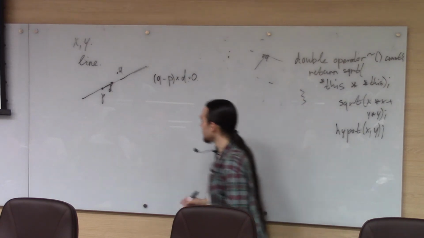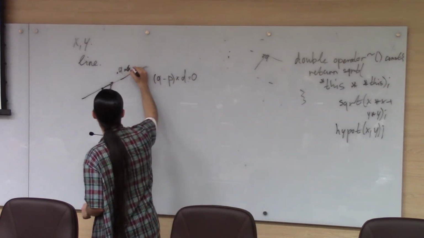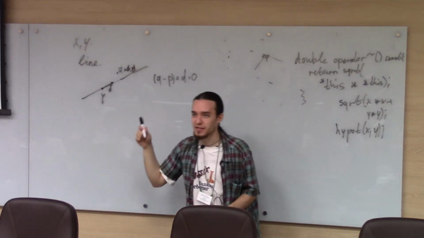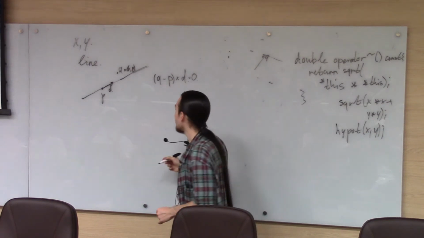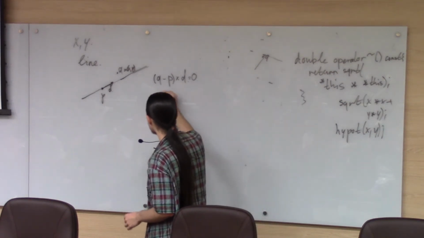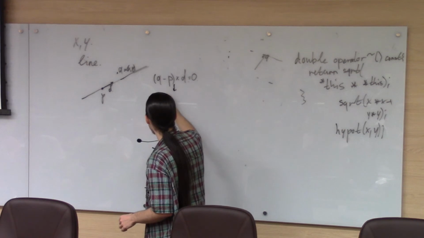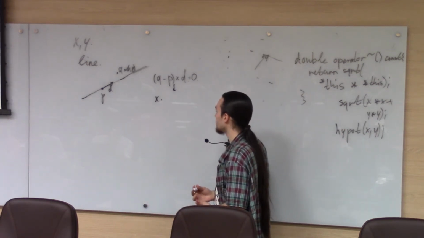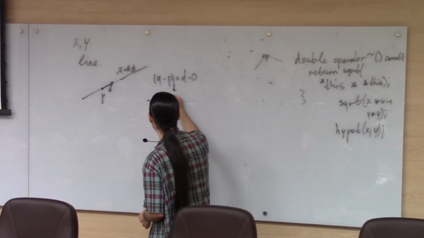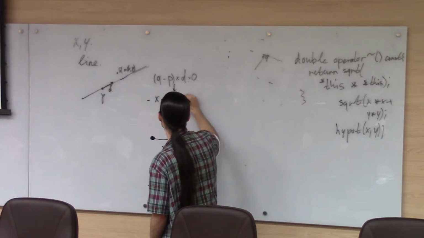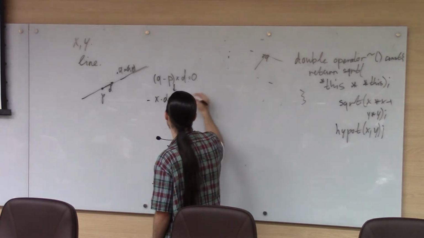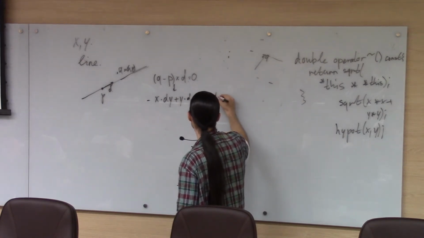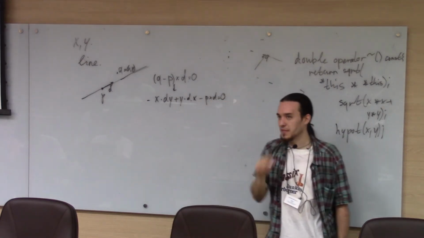And if we expand that and rewrite this in terms of x and y, then we will see that this becomes x times something. Actually, I think it should be minus x times dy plus y times dx, and also minus P cross D. Okay.